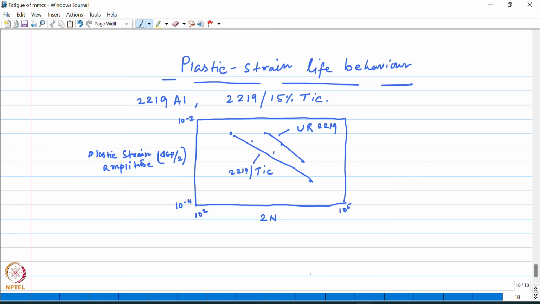Now let us have a look at the plastic stabilized stress strain loops that develop under plastic strain controlled fatigue.